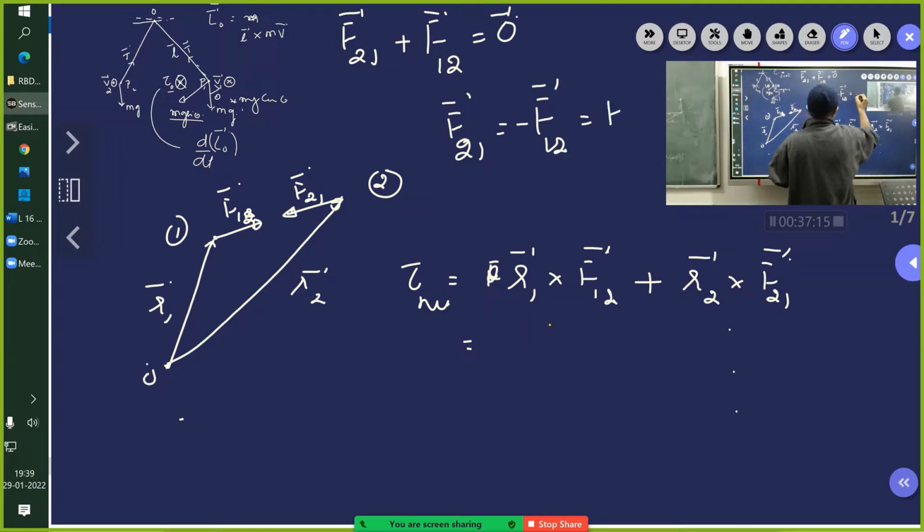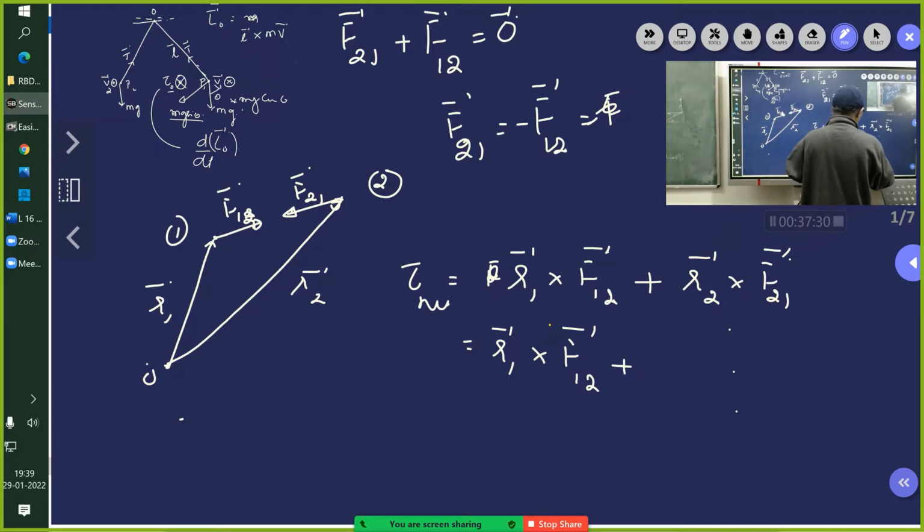So these two are equal and opposite. So I can write here R1 bar cross F12 bar, plus R2 bar cross minus F12 bar.